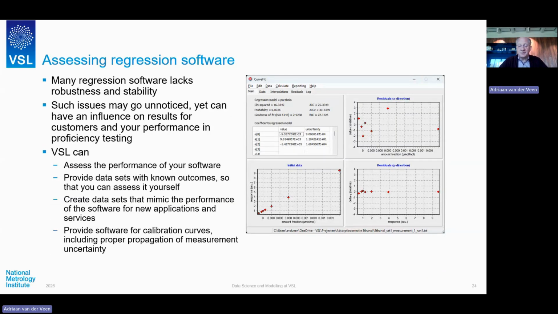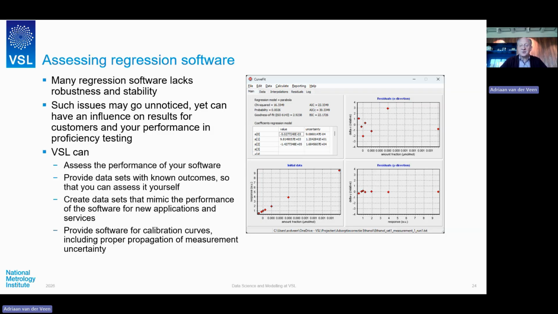Regression software, well, I think that most of you will fit straight lines or something else in your daily work. You may or may not have wondered, how well is my software doing that? Much regression software that is out there lacks robustness and stability.